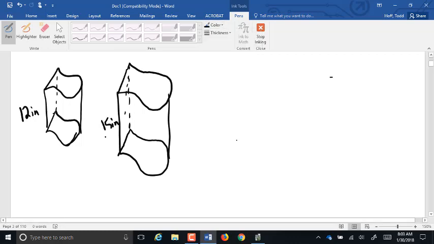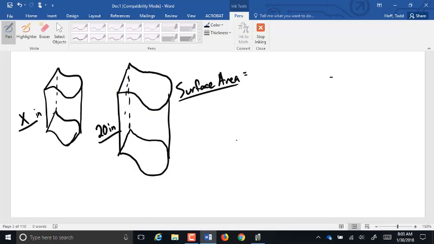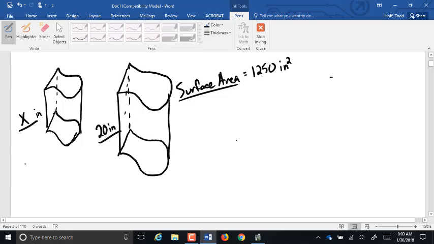Actually, since you guys are heckling, let's make this more difficult on you. That's going to be X inches. This is going to be 20 inches. The surface area here is going to be 1,250 inches squared.